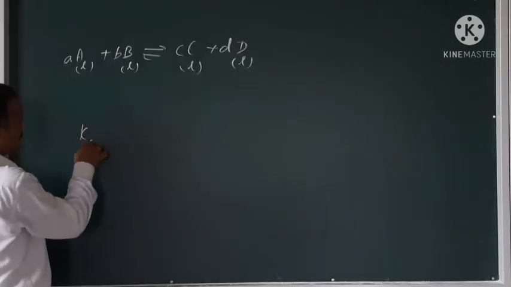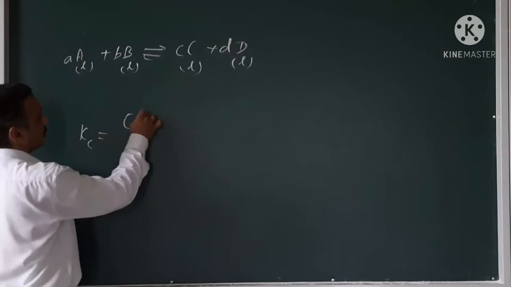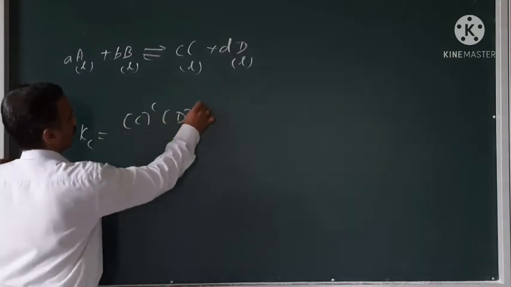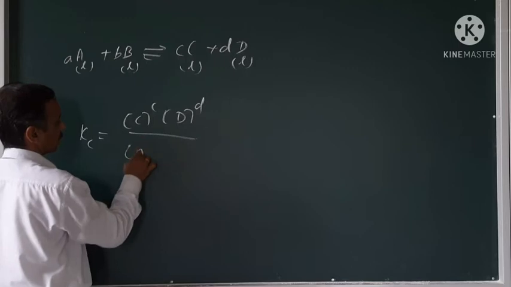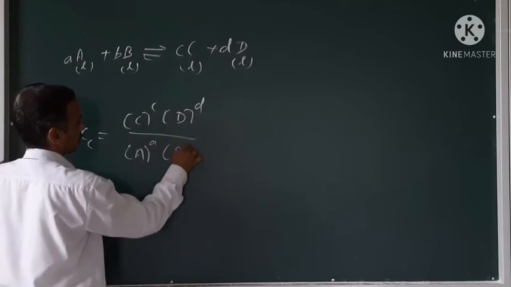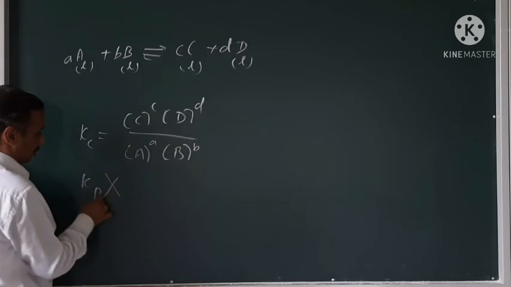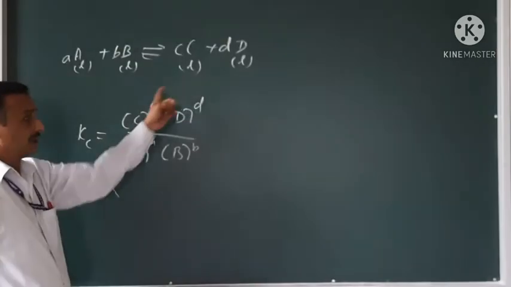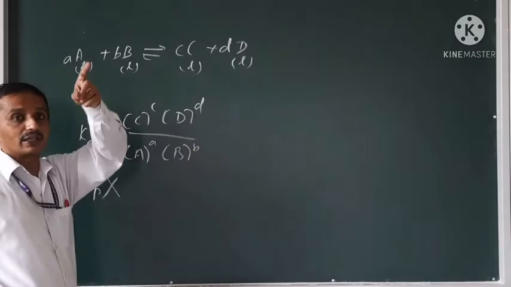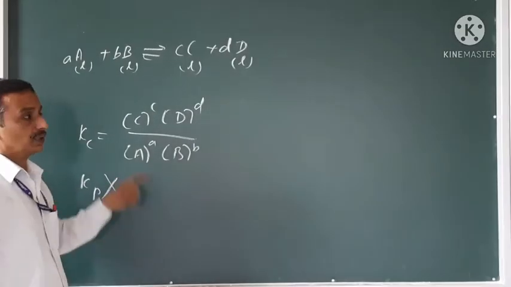Then by writing the Kc, you see C to the power c into D to the power d divided by A to the power a into B to the power b. But I cannot write the Kp equation because that is not gas. I can write the Kc for this, but I cannot write the Kp equation.